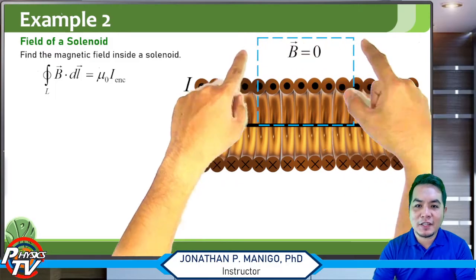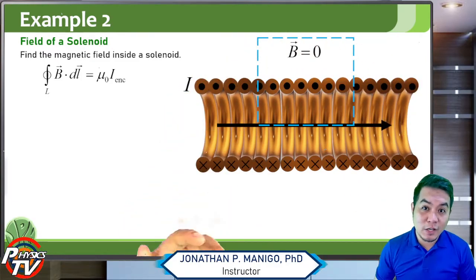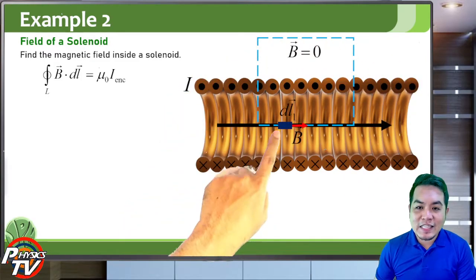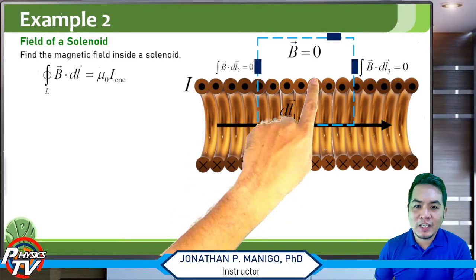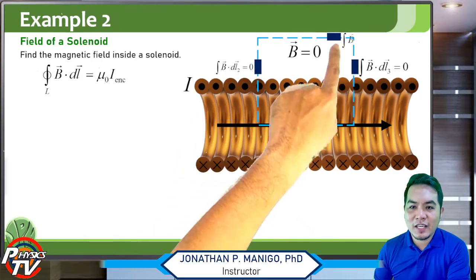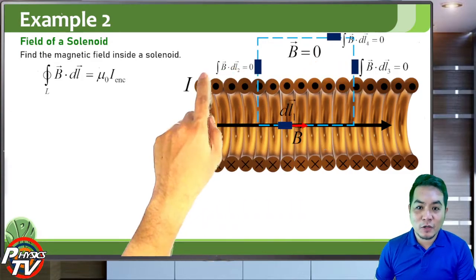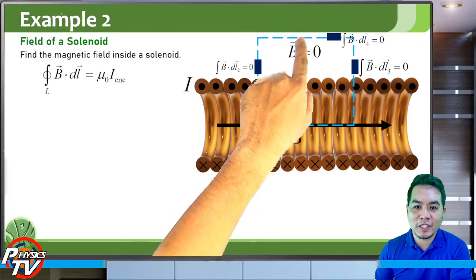But these other segments will have 0 contribution. Only this dl1 will have a contribution. This dl2, dl3, and dl4 will have 0 contribution because there's no magnetic field here.